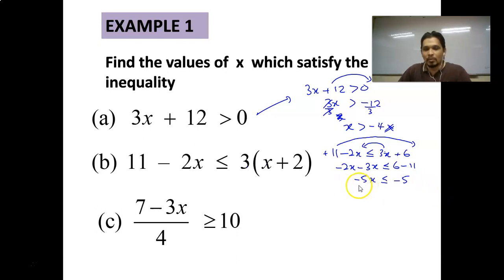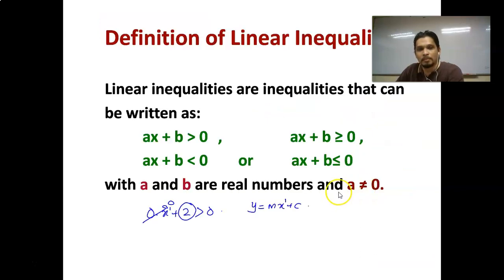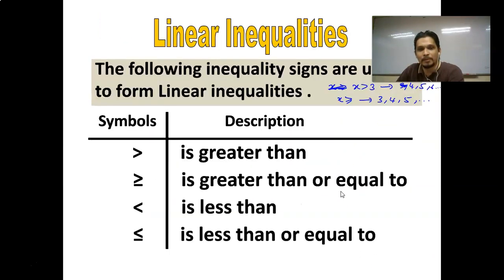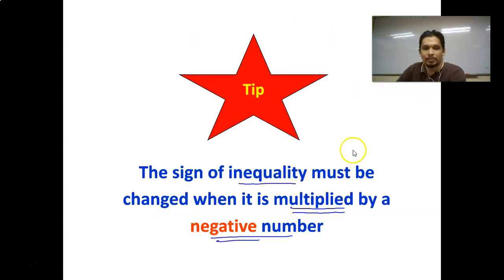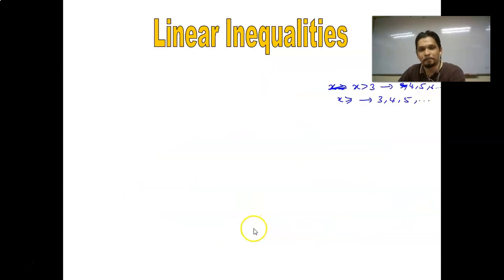Now, we divide by negative 5 on the left side and also negative 5 on the other side. Because we divide by negative numbers here, the sign of inequality must be changed when you multiply or divide by a negative number.